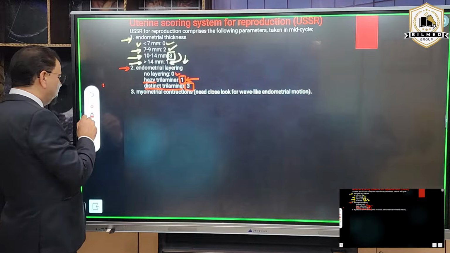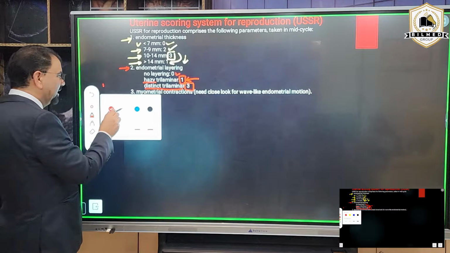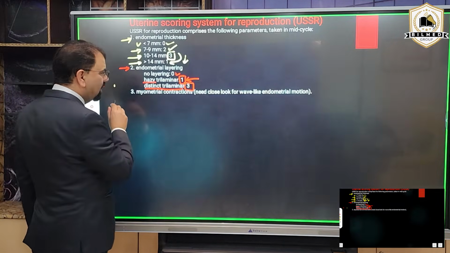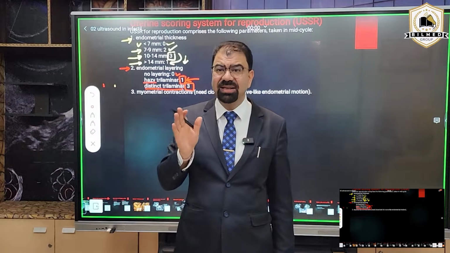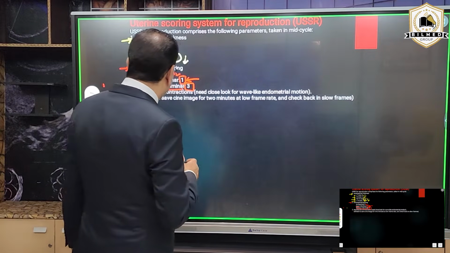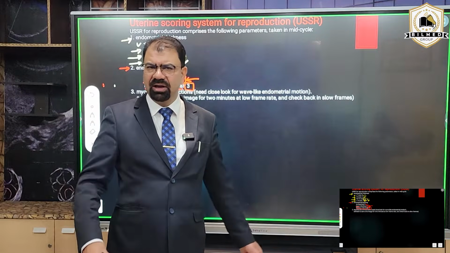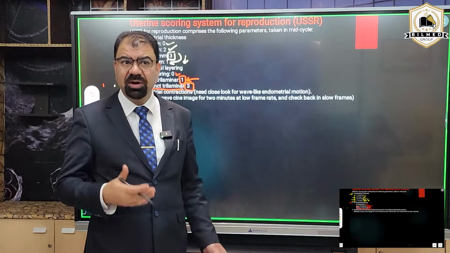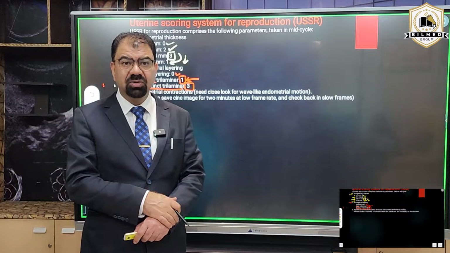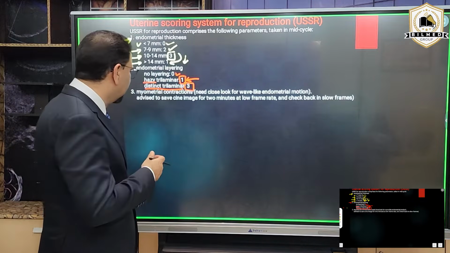Next is the myometrial contractions. For myometrial contractions, we look at a semi-loop. Now, how to see that? That is part and parcel of the course. We are right now taking a small CME over here, highlighting the important points, what you have to see, and not only see, what you have to actually study in ultrasound.